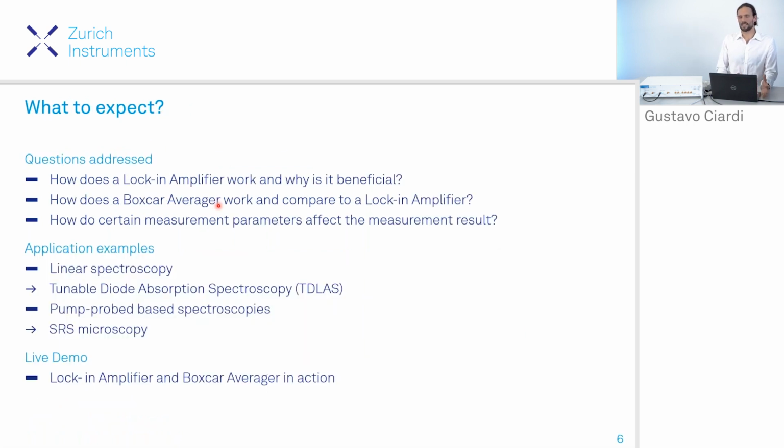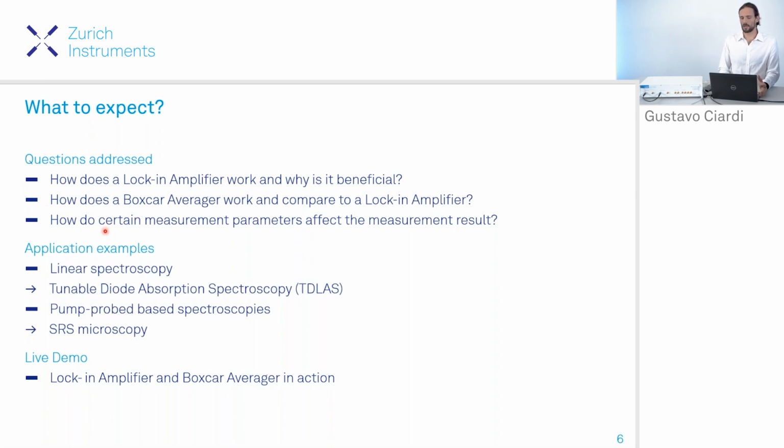So what kind of questions can you expect to be answered today? We will start by understanding why, for example, lock-in amplification is a beneficial measurement technique on a broader level. Then we will also, of course, delve into boxcar averaging, compare it to the lock-in amplifiers, and try to understand when one measurement approach is better or comparable to the other.